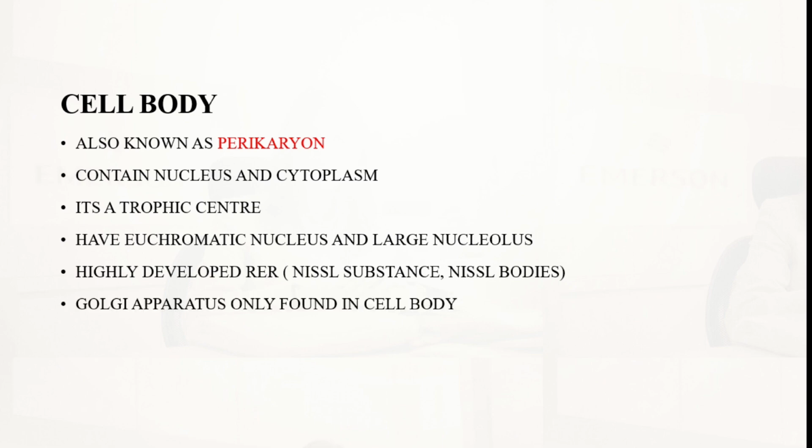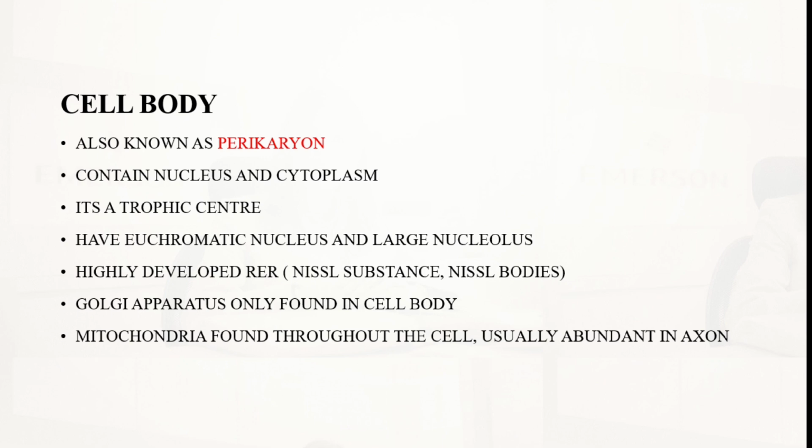Okay, so RER, that's the rough endoplasmic reticulum. Then the Golgi apparatus is found only in the cell body. Then the mitochondria are found throughout the cell body, usually abundant in the axon. That's about the cell body.